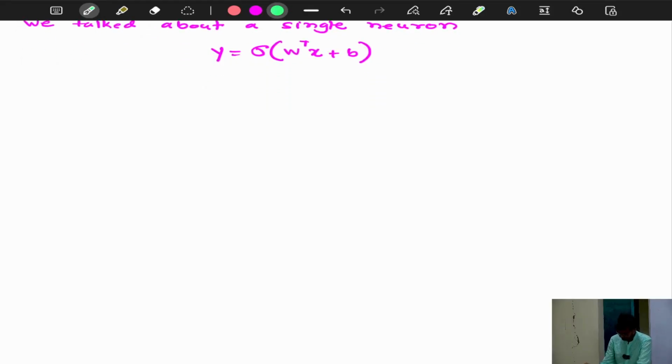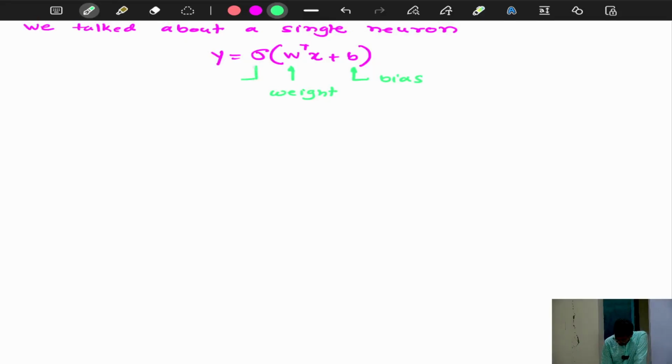This W we call our weight, B we call our bias, W and B together we will call our parameters, and this sigma we call our activation function.